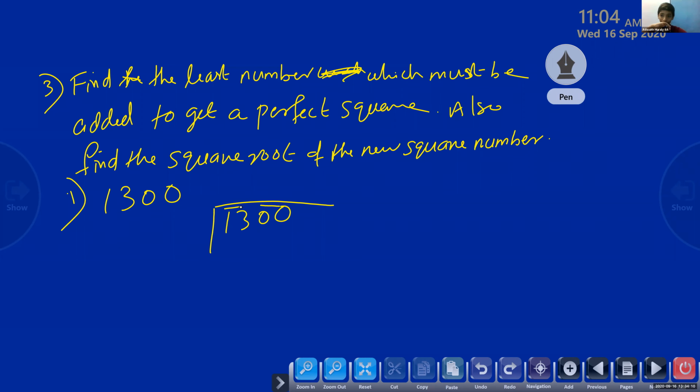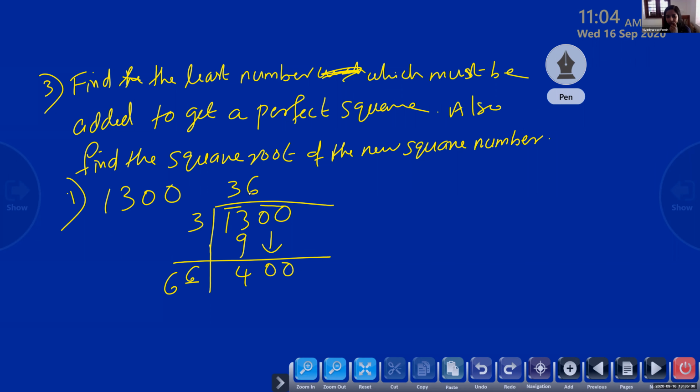Three, 3 times 3 is 9, then bring down 400. Which number comes next? 6.